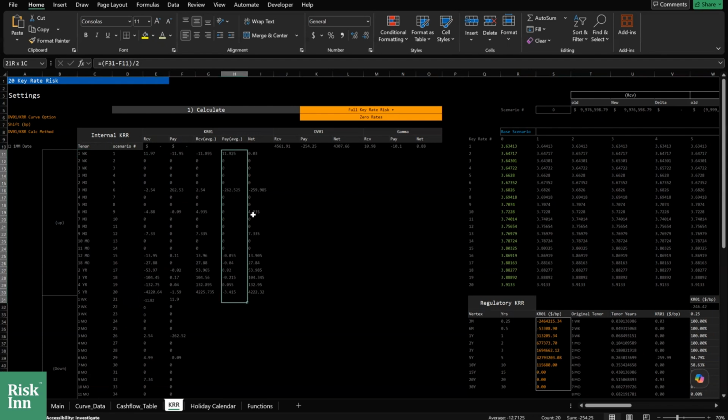Similarly for pay leg, and then you have to net them because you have a long short position, right? Interest rate swap. So this is a net KR01. And you can also add everything and you call it DV01, which is if the entire term structure moves by 1 basis point, that means parallel shift, then how much will be the impact on PNL? That's DV01. So receive leg, pay leg, net, and also second order you can calculate gamma, which is the nonlinear part of it.